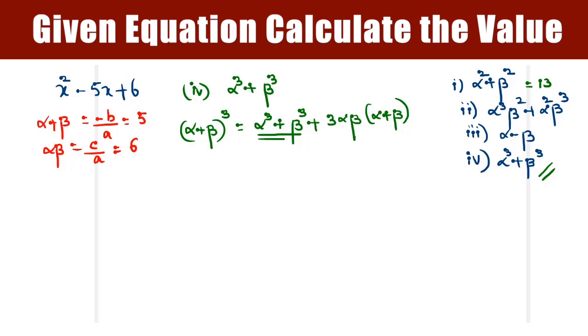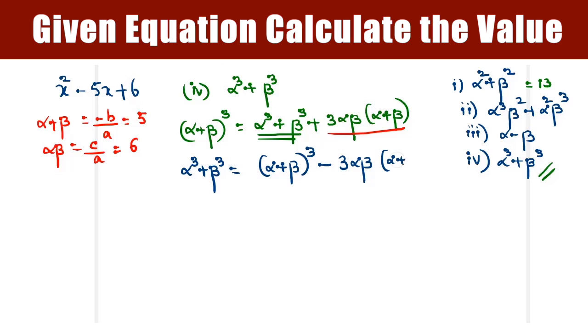What is required for us to calculate is this value, alpha cube plus beta cube. So I'm going to take this entire expression to the left hand side to simplify. So alpha cube plus beta cube is equal to alpha plus beta the whole cube minus 3 alpha beta into alpha plus beta. Now we know the values of all these terms on the RHS, so I'm simply substituting.